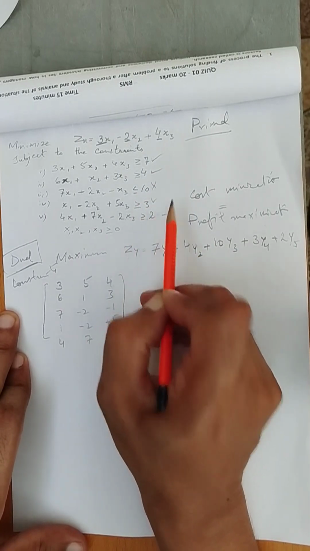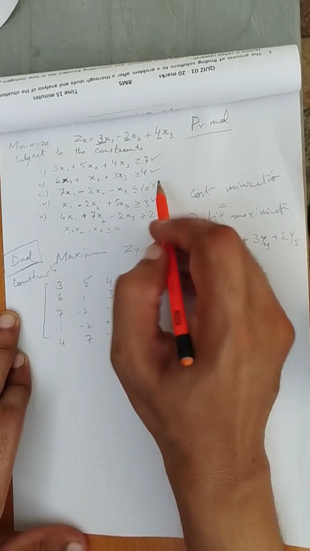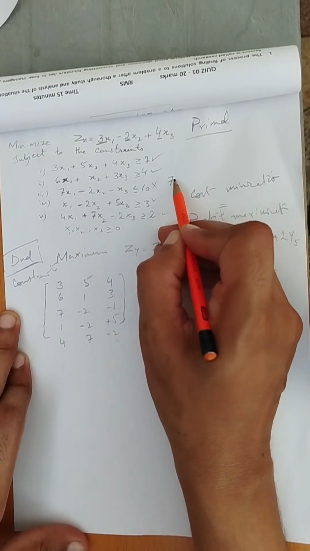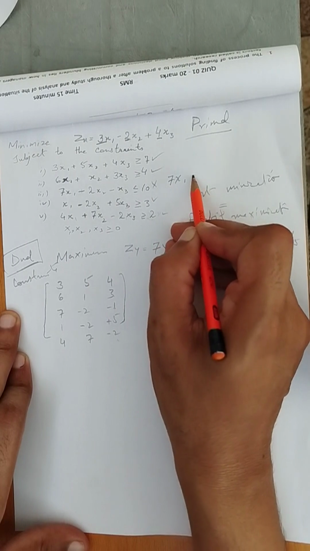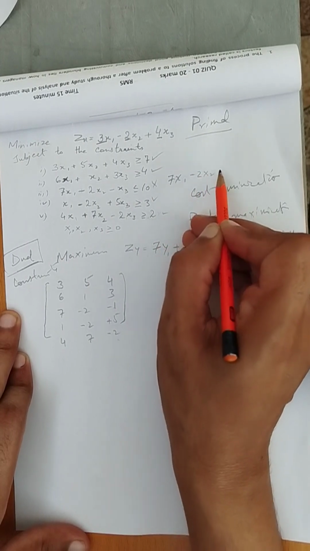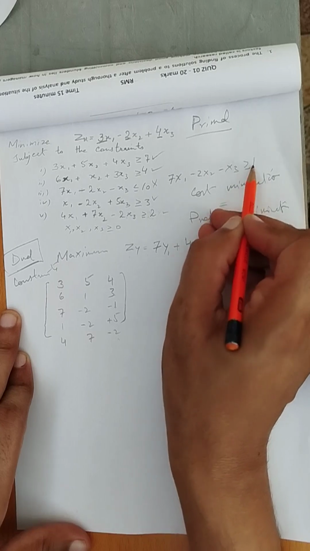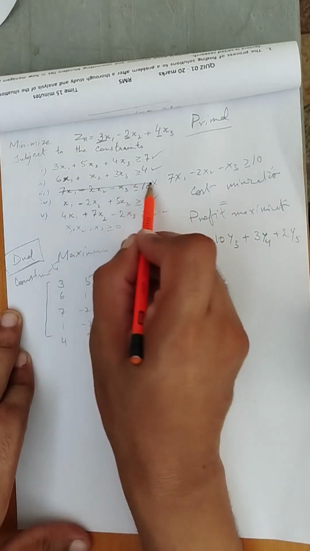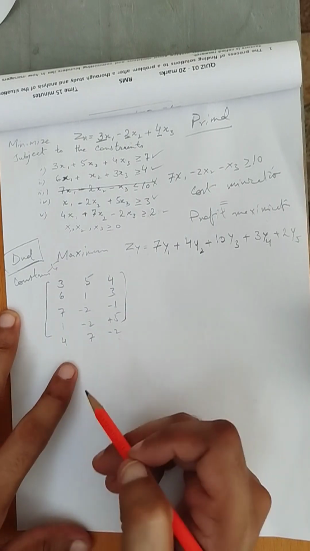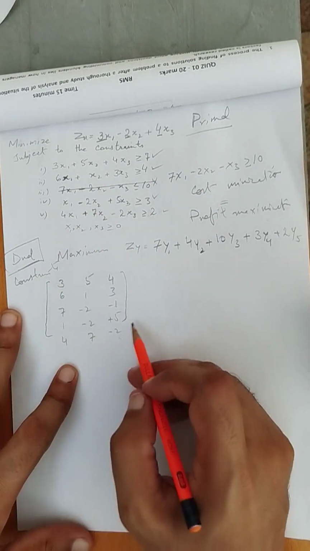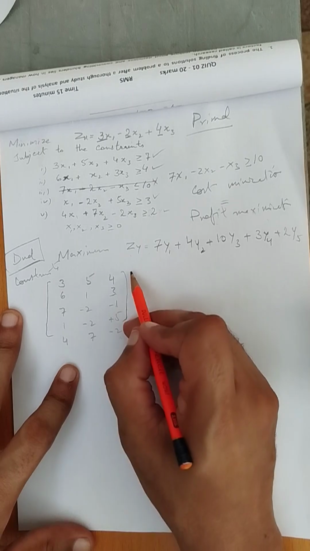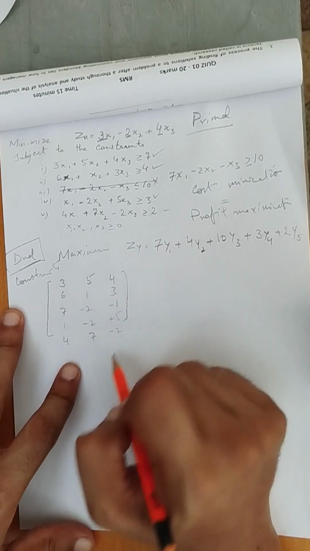And this one is correct, so we need to change it into 7x1 minus 2x2 minus x3, that is greater than equals to 10. So this inequality is converted into this. Okay, this is very important and you cannot overlook it.